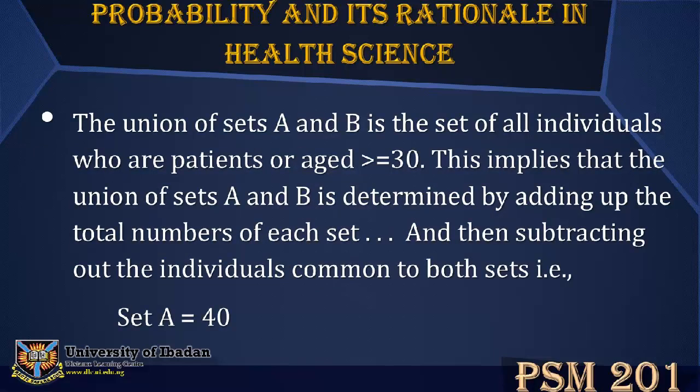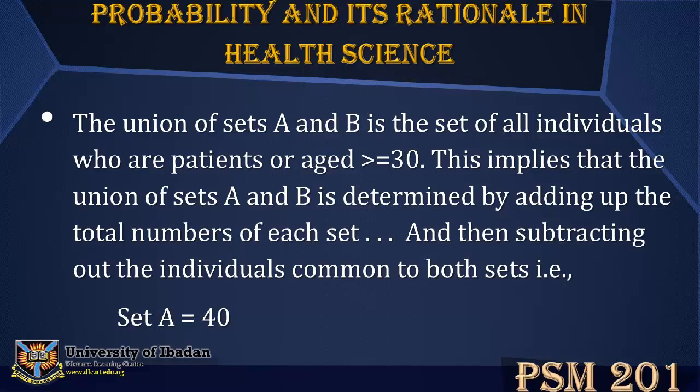The union of set A and B is the set of all individuals who are patients or aged less than 30. This implies that the union of set A and B is determined by adding up the total number of each set and then subtracting out the individuals common to both sets.